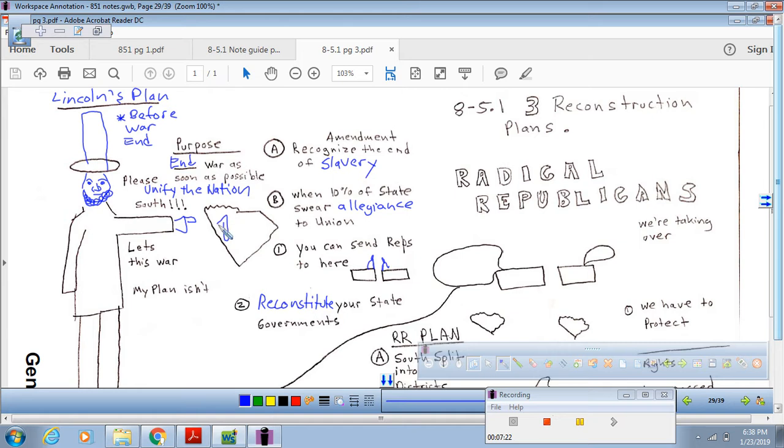So Lincoln's plan consisted of the 10% statute and recognizing the end of slavery. Once again, the goal of Lincoln's plan was to end the war and unify the nation. This is part of presidential Reconstruction.